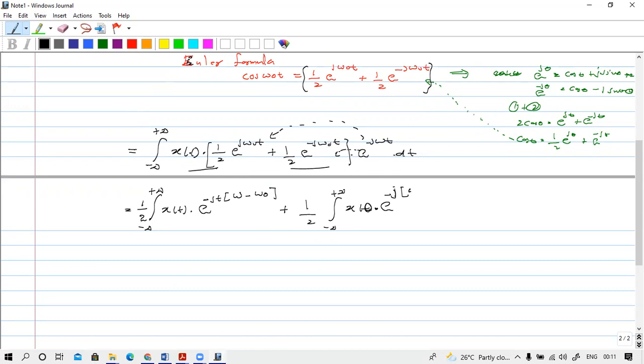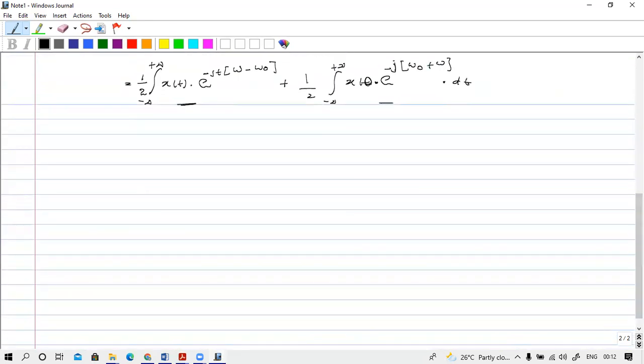So omega naught is there, and here we have d t. So I will get these two expressions. So you can see that if we consider these terms, let's say capital W for this omega minus omega naught.